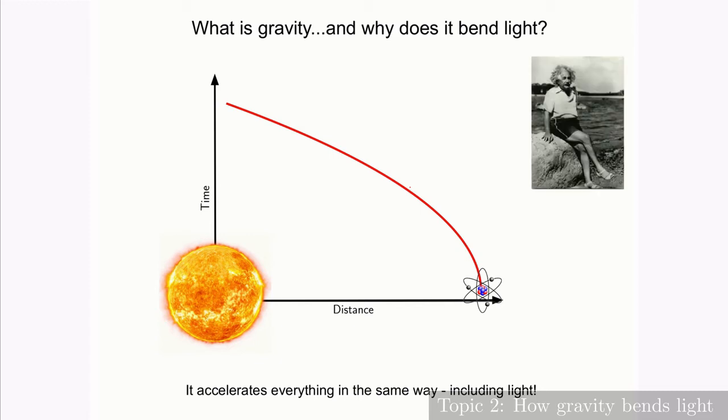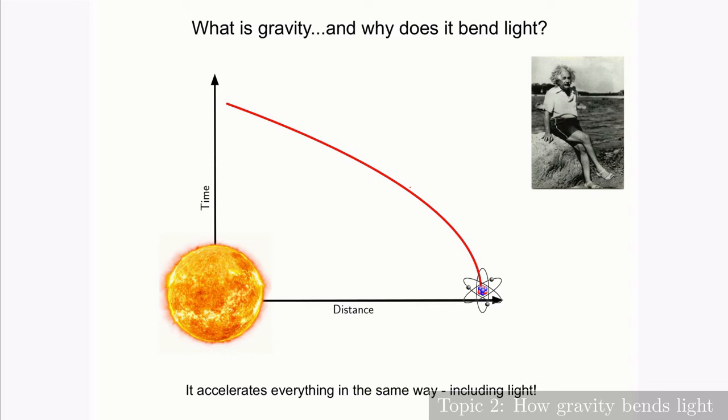Now, this is the thing that Albert Einstein recognised. He recognised that everything would follow exactly the same path in the gravitational field if they were started in the same place. So they would have exactly the same acceleration. So his idea was, well, let's not think about gravity as a force like we normally do, some kind of force between two objects.